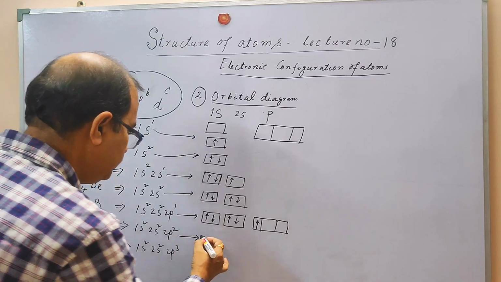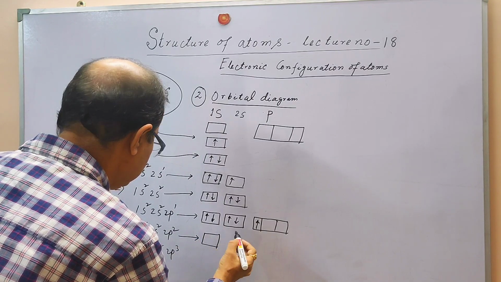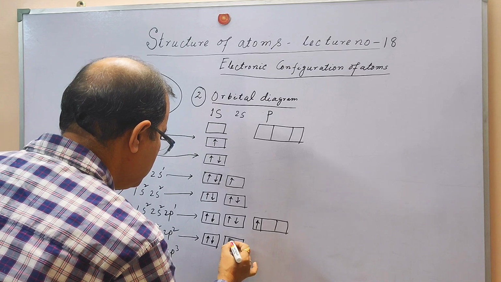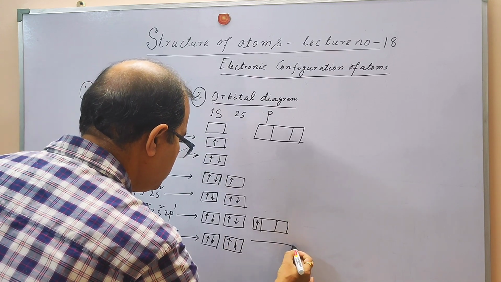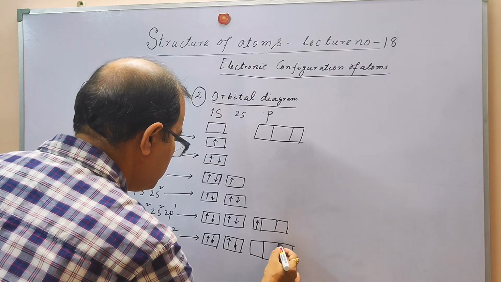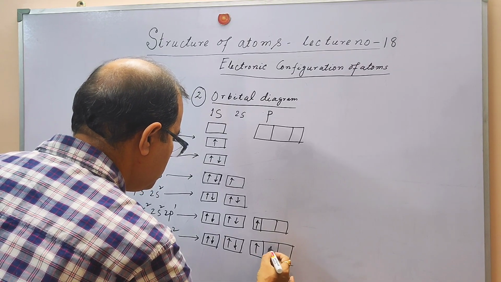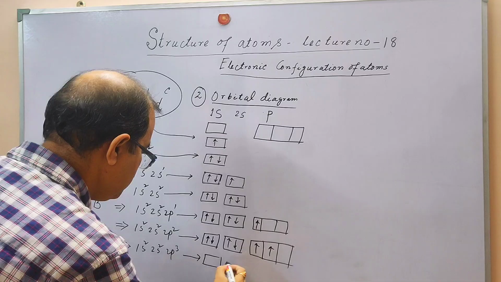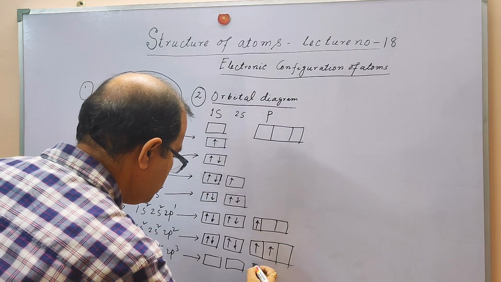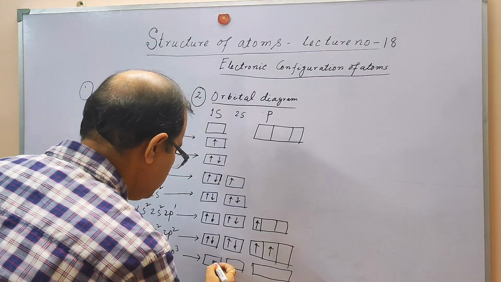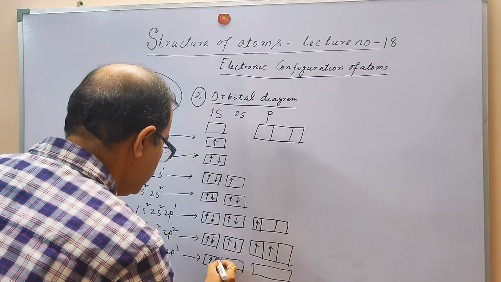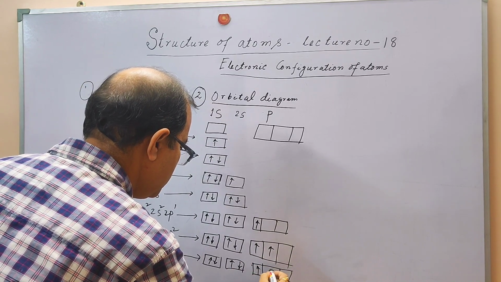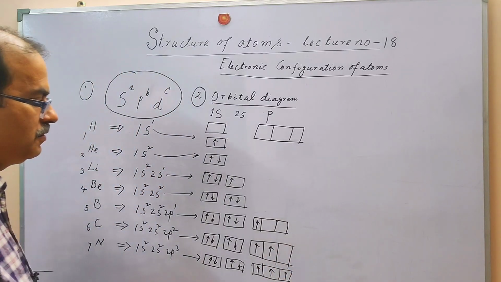For the carbon, this will be... For the nitrogen, you can see in this way, you can put 3 electrons in the 3 2p orbitals.